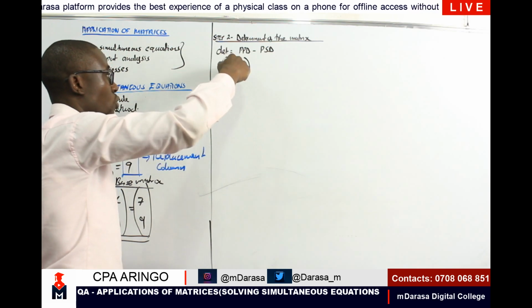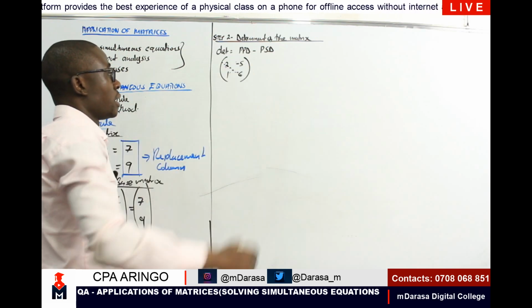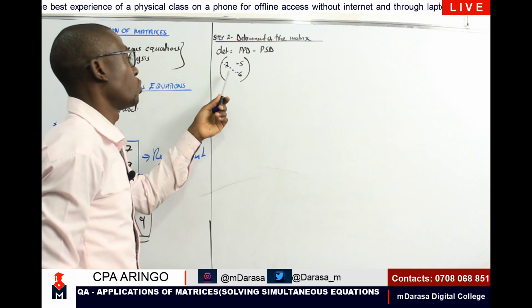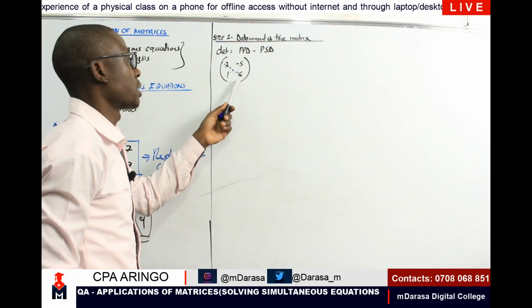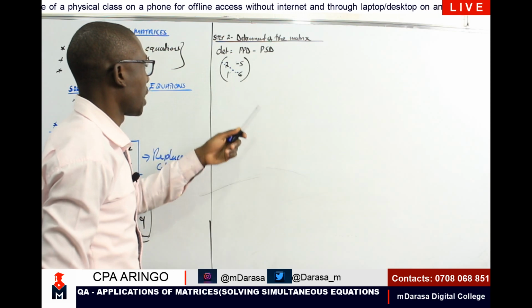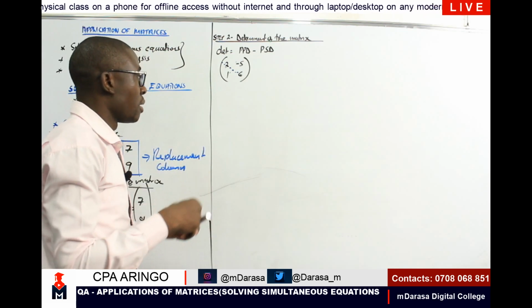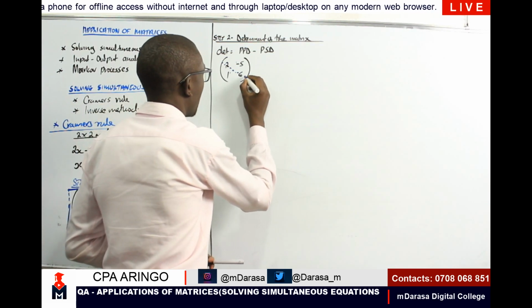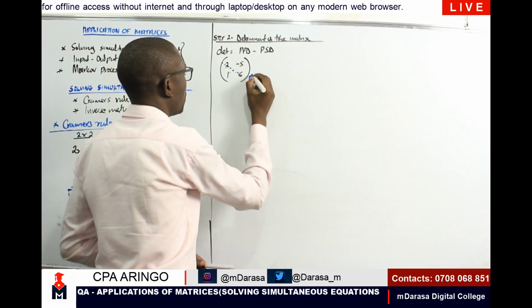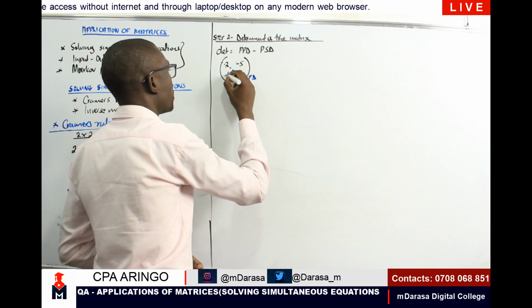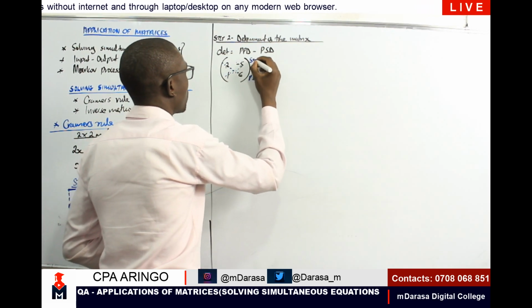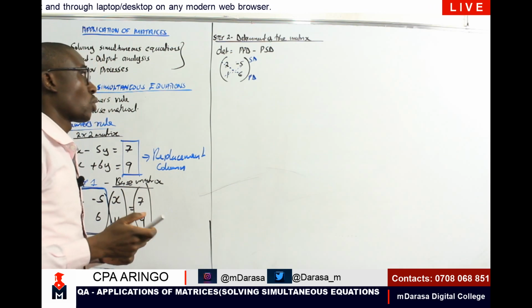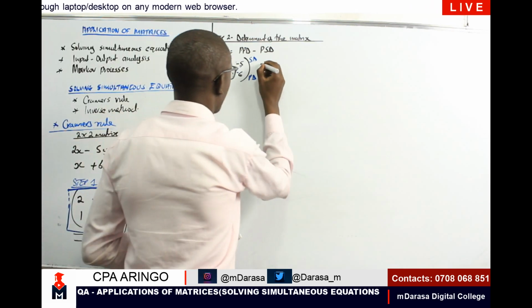So this is what you're terming as our primary diagonal, starting from the top left to the bottom right. Any figure that lies in between will give us our primary diagonal. And of course, this should give us our secondary diagonal.